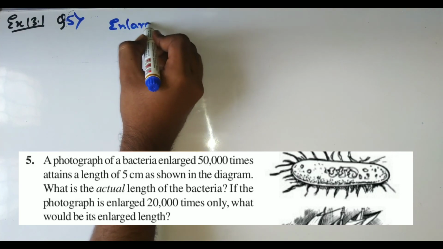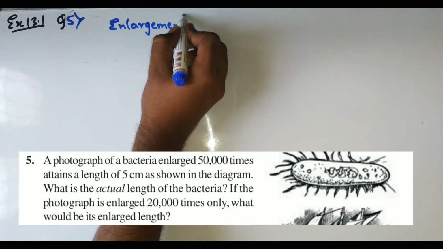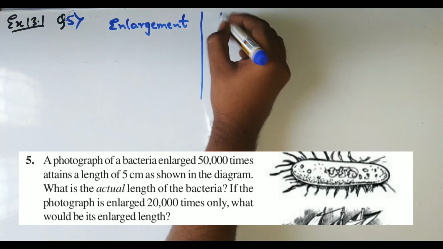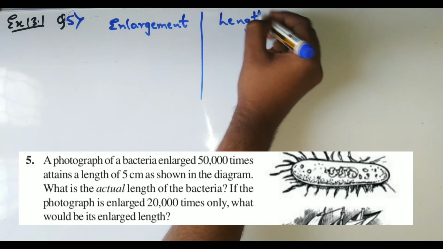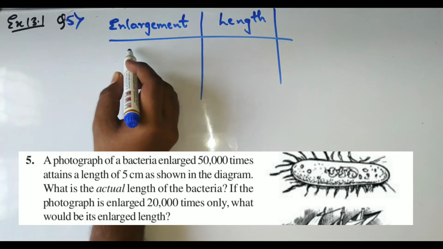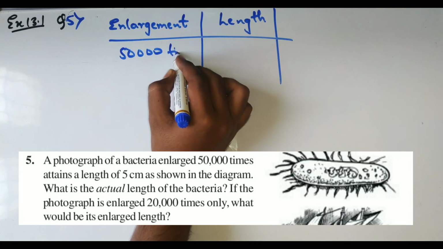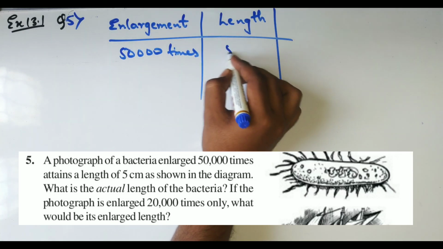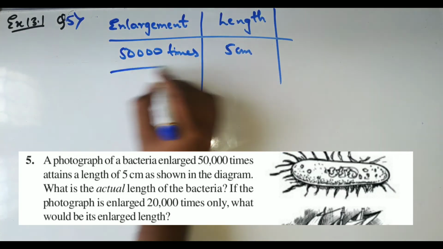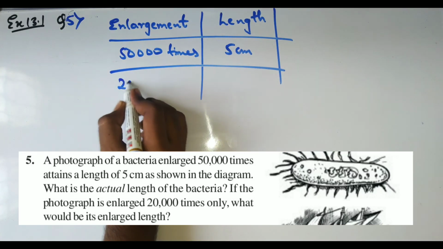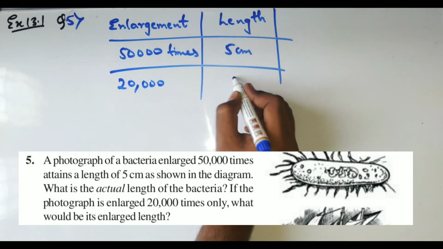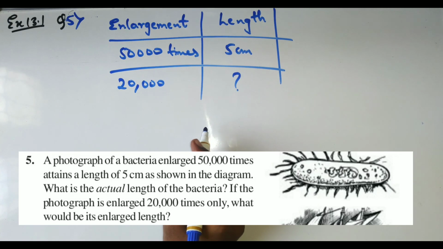Enlargement, how much it is enlarged, and we'll take the length. So for 50,000 times enlargement, it is 5 centimeter. Now for 20,000, what will be the length they are asking?